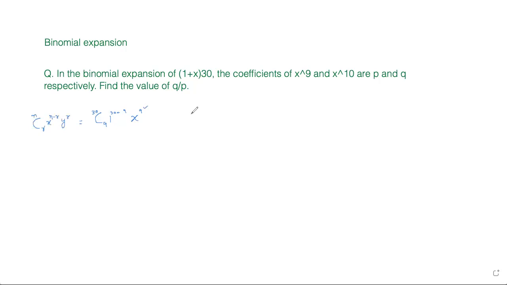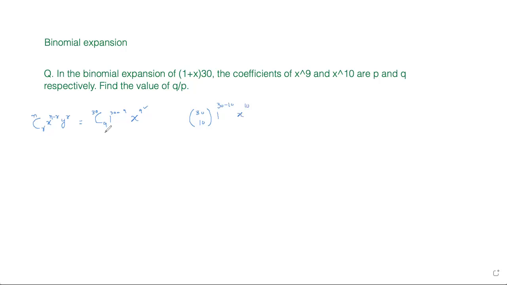The second one, you can also write it this way, 30 and 10, and both are actually the same combination terms. So 1 power 30 minus 10, and then x power 10, isn't it?